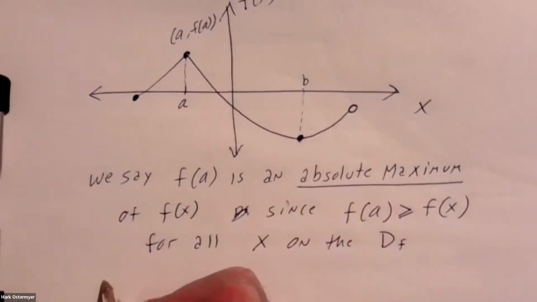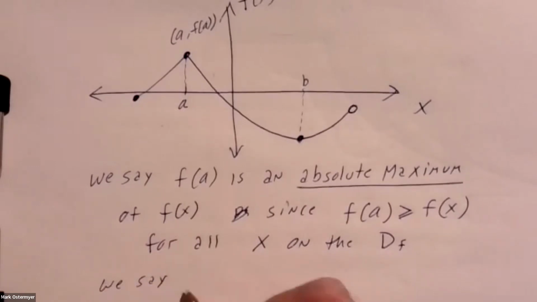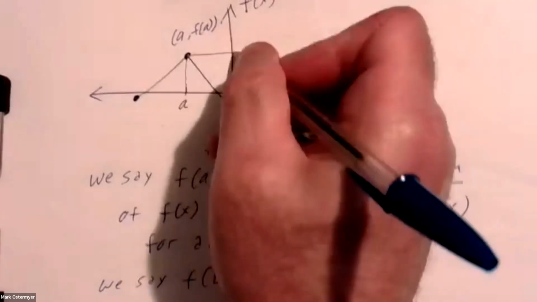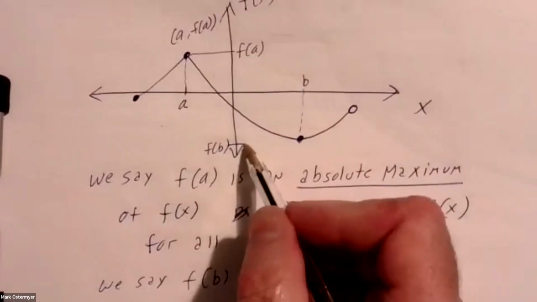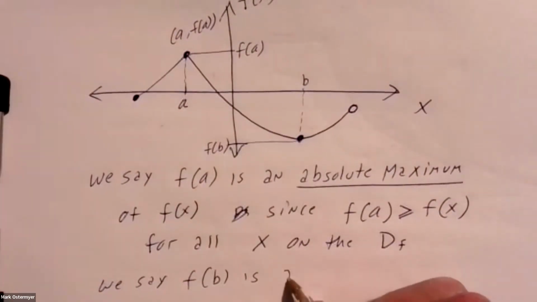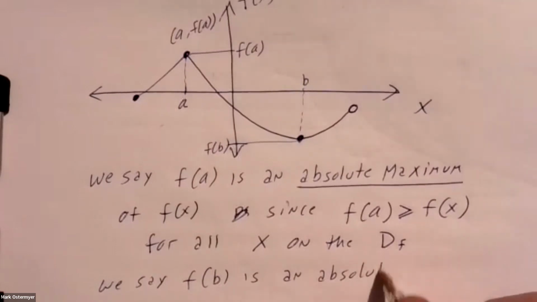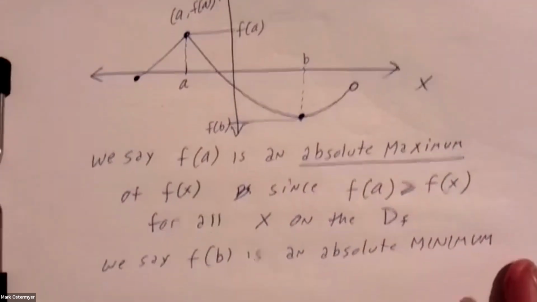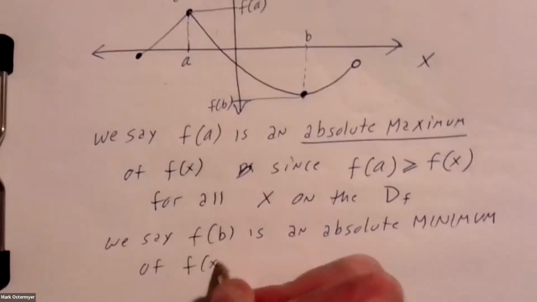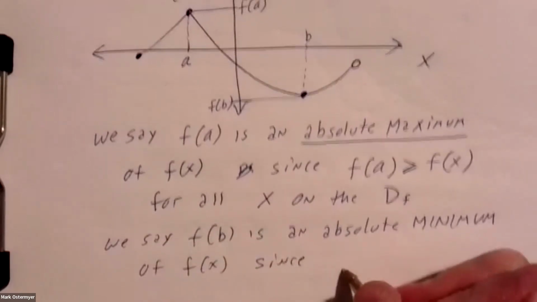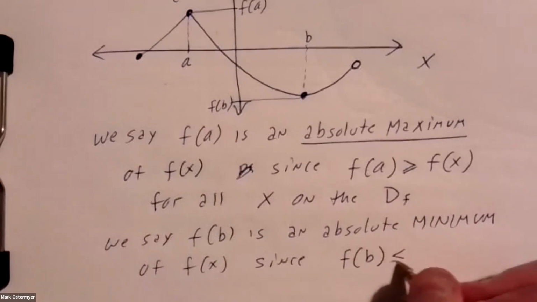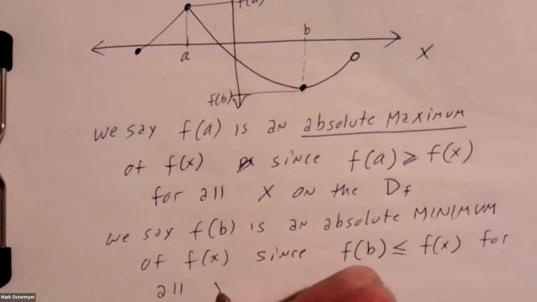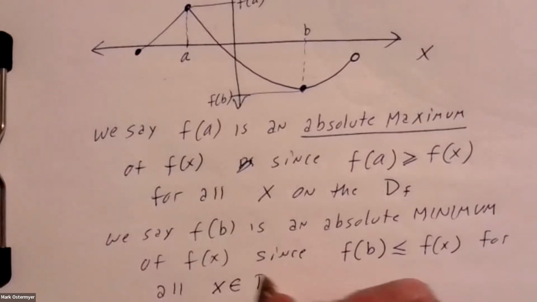In a similar way, we say f of b down here is an absolute minimum of f of x, since f of b is less than or equal to f of x for all x that belongs to the domain of function f.